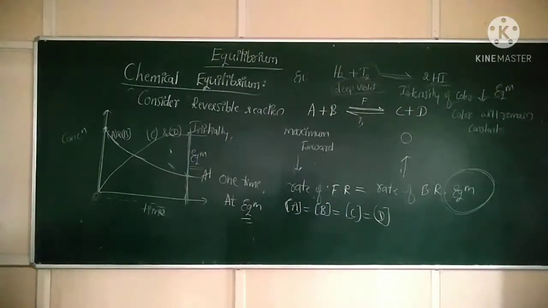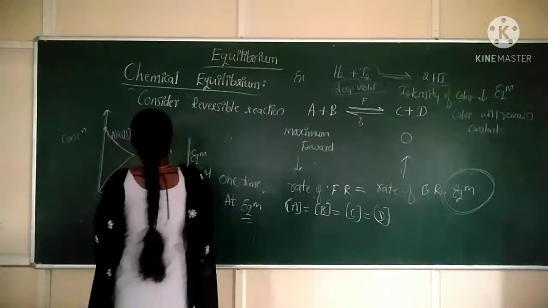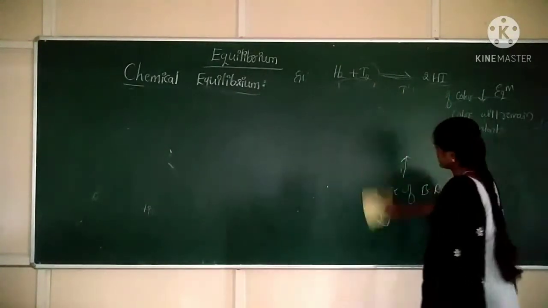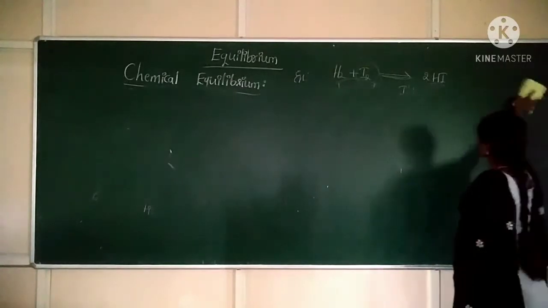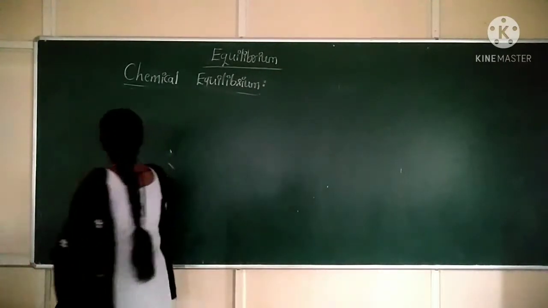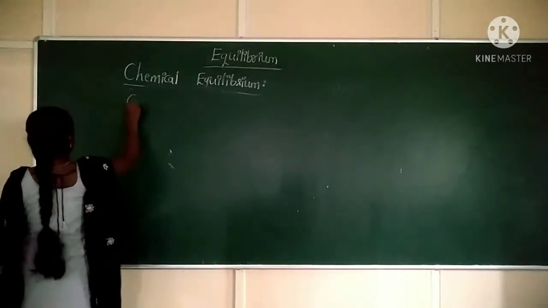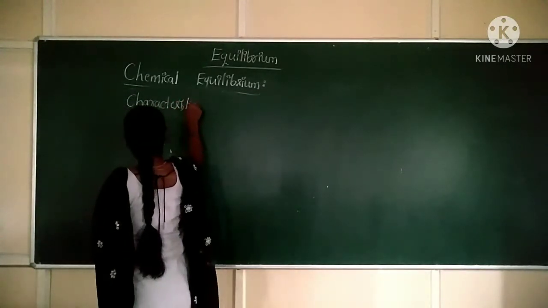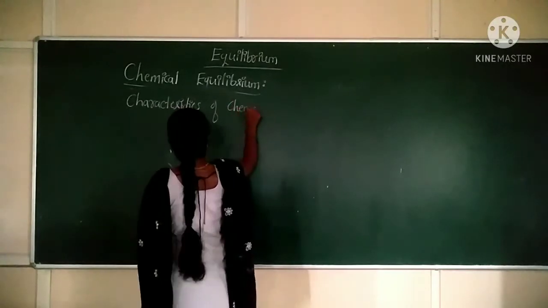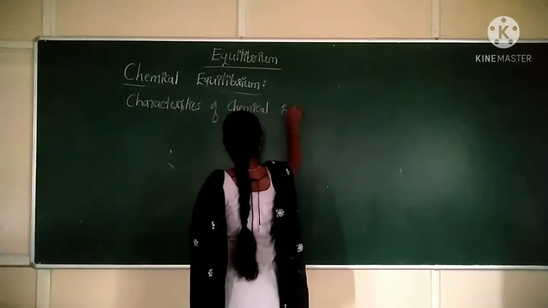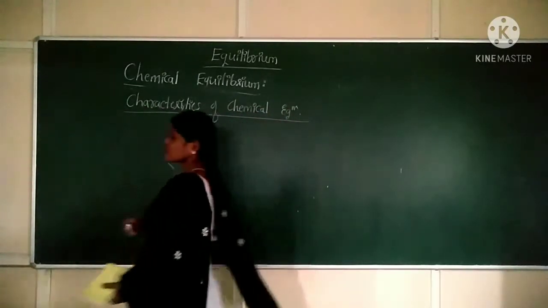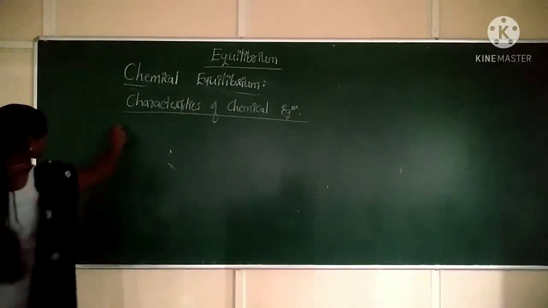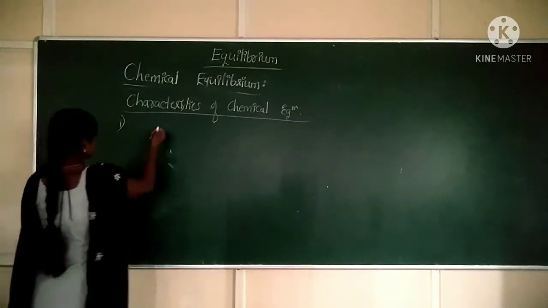Next, characteristics of chemical equilibrium. So the first characteristic is: chemical equilibrium always occurs in which container?